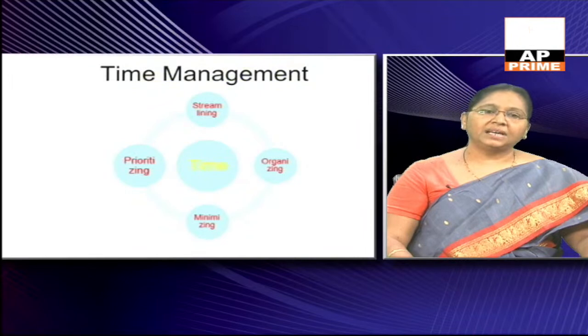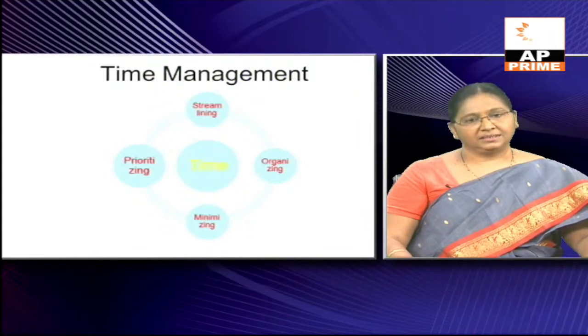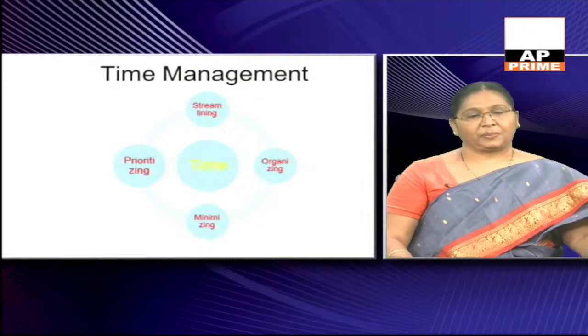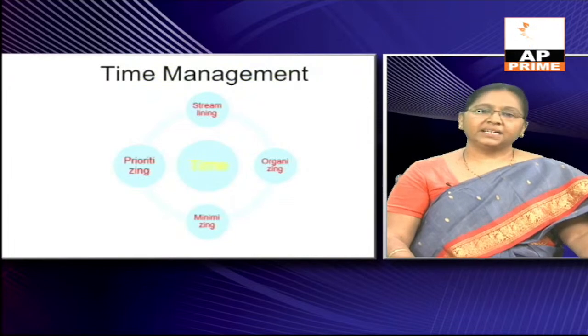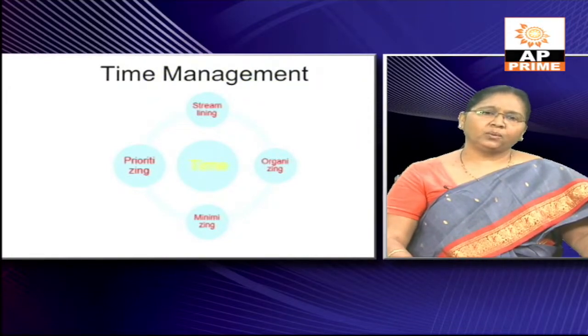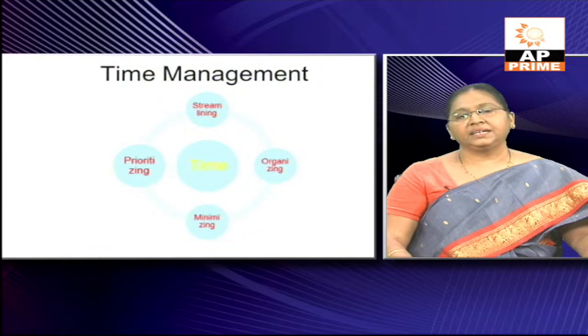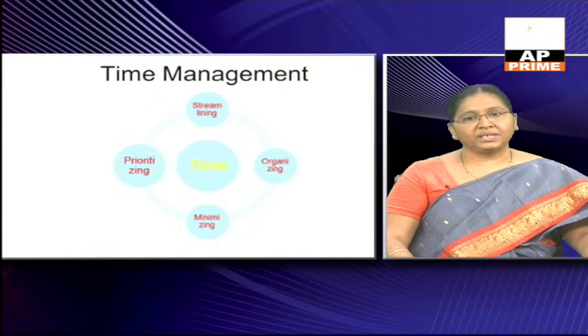You should learn how to organize, how to arrange your things, your work, your priorities. Then the second one is minimizing. See, when you have arranged, you cannot take whatever you have arranged. You need to minimize, reduce, take out some which are important and delete something which is not important.